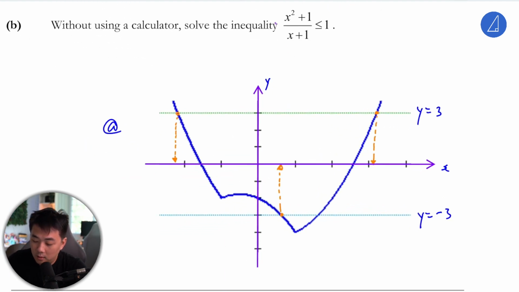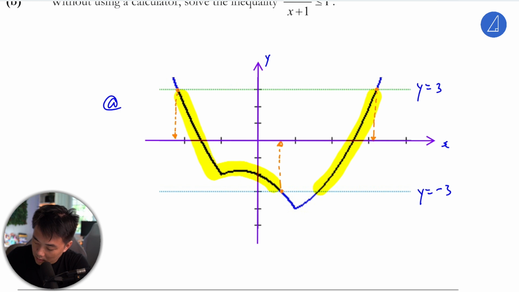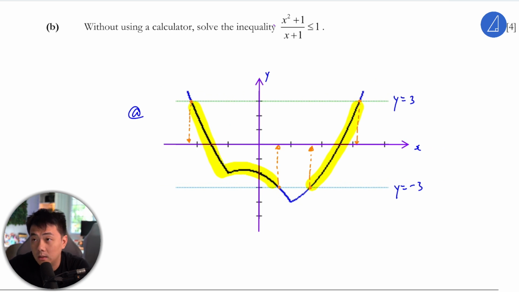So the values which would give us between -3 and 3 would be this curve here, and this also, so meaning to say we need to find this as well. So just draw the curve here. The highlighted yellow part of the curve will be basically the part where it's between -3 and 3.